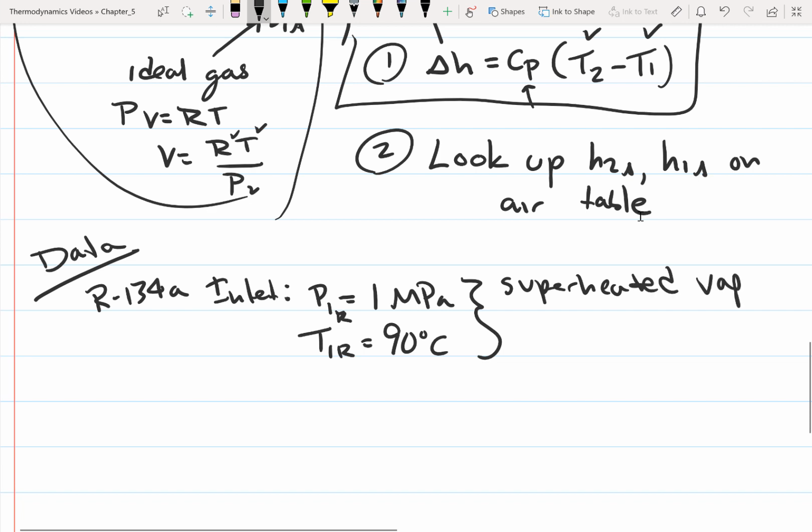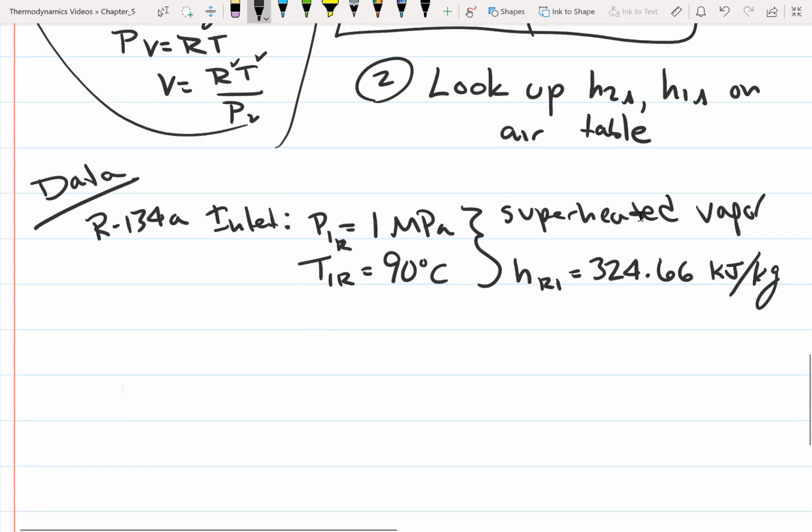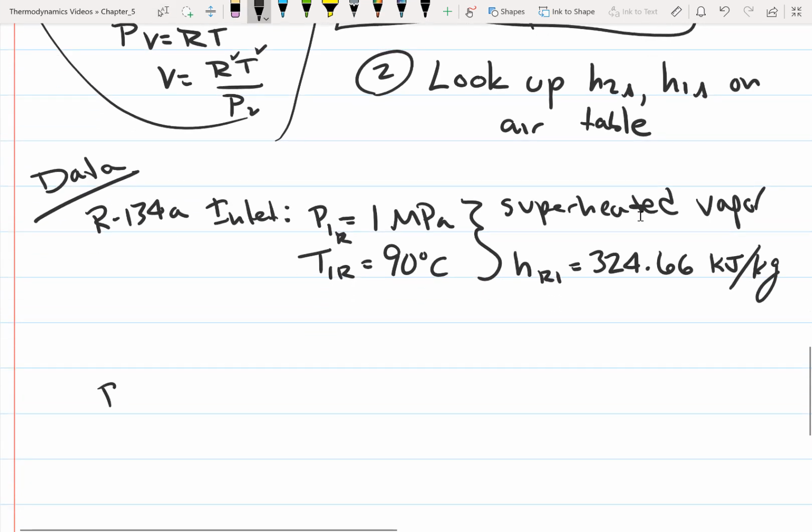So we need to get our enthalpy from the superheated vapor table. So HR1 is equal to 324.66 kilojoules per kilogram.